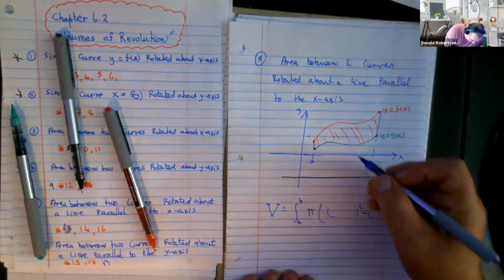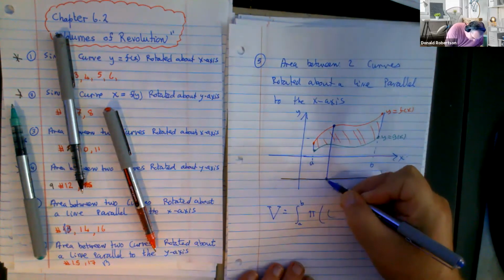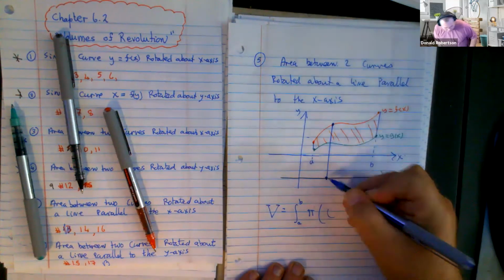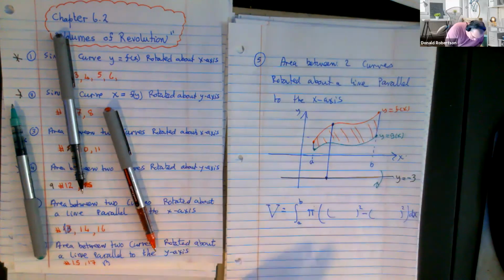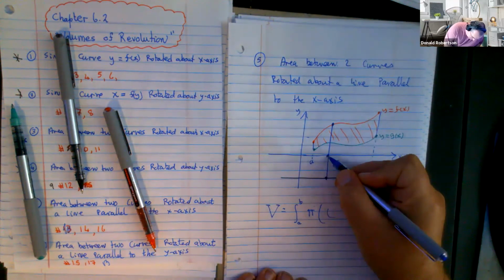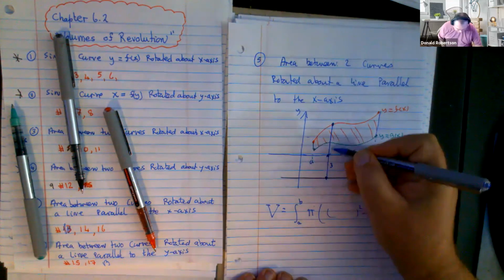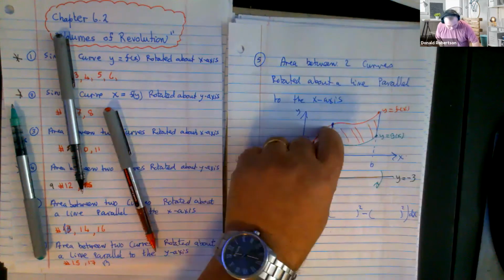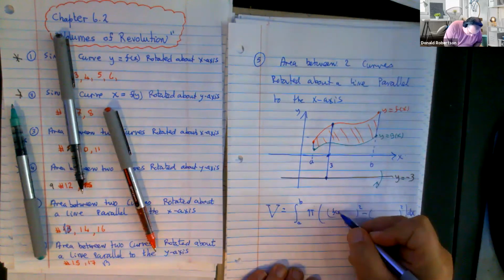Let's take the furthest distance, which would be from here to here. How far away is that, right, using x's? Well, would you agree that from here to here is 3 units, and from here to here is f of x? So wouldn't that total distance be f of x add 3?